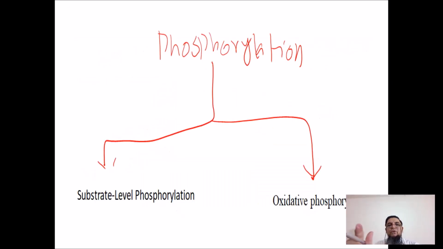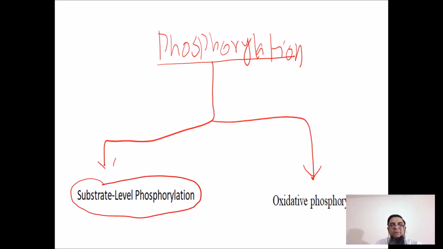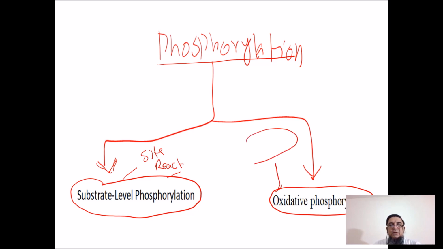We know that phosphorylation is of two types. Number one is substrate level phosphorylation. Number two is oxidative phosphorylation. Substrate level phosphorylation takes place at the site of reaction, whereas oxidative phosphorylation takes place in the inner mitochondria in the electron transport chain.